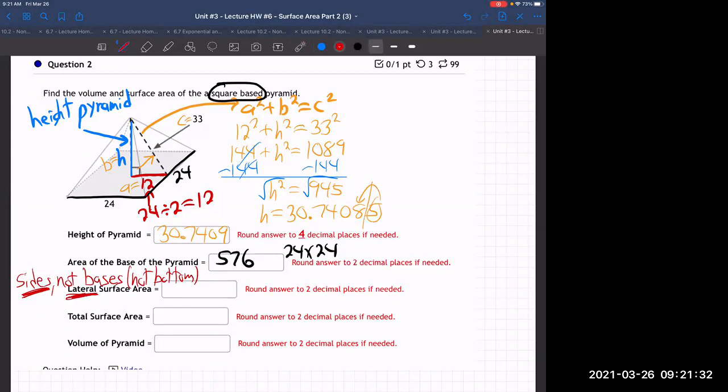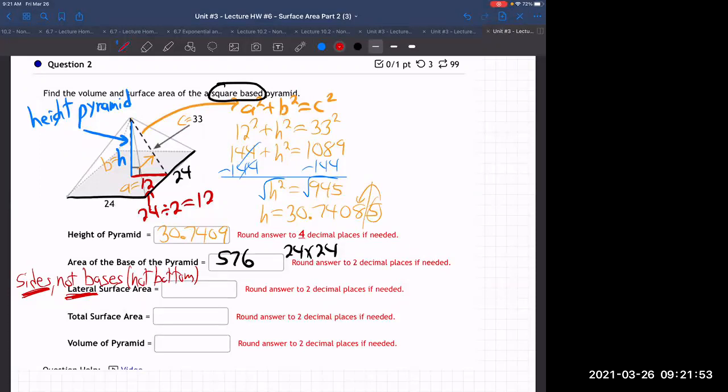Okay. So how many sides are there on this pyramid? Do we see how many sides there are? Everybody see there's 4 sides, right?